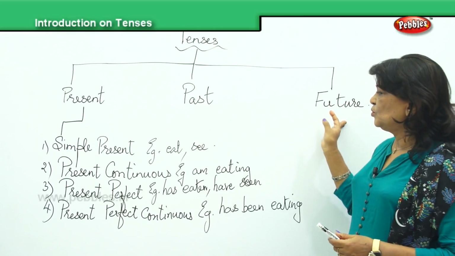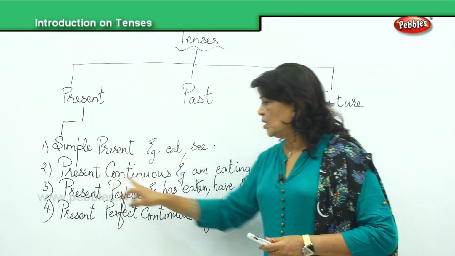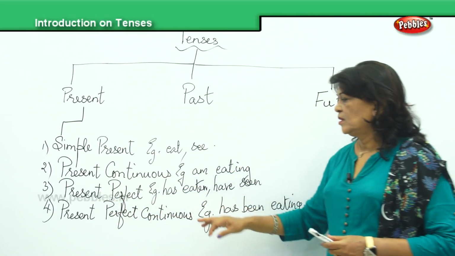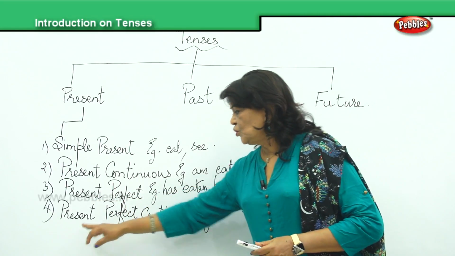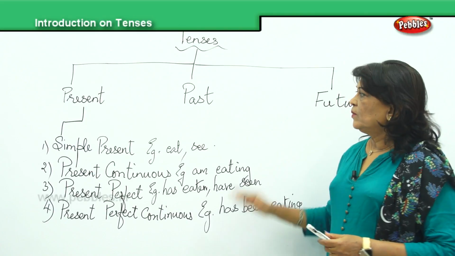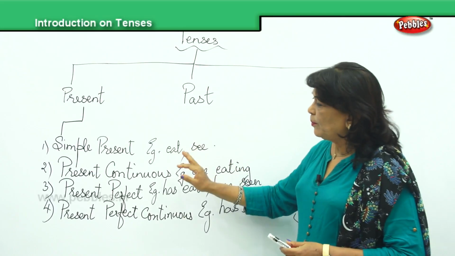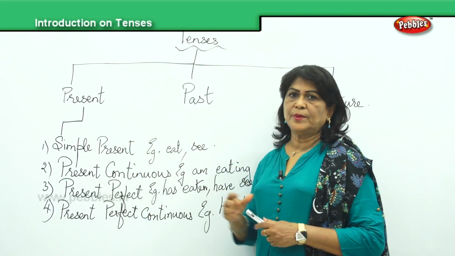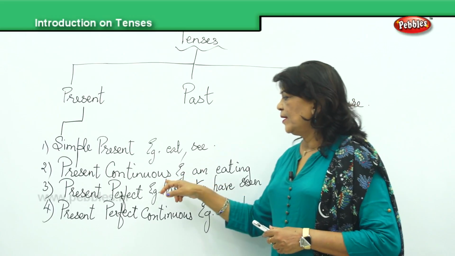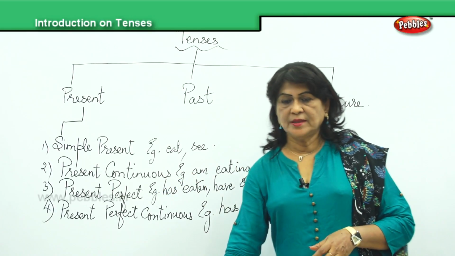Same way future also, simple future, future continuous, future perfect tense, and future perfect continuous. Okay? Now, I will just stop here and explain where to use simple present tense and the present continuous, and then go on to the past tense. Is that okay?